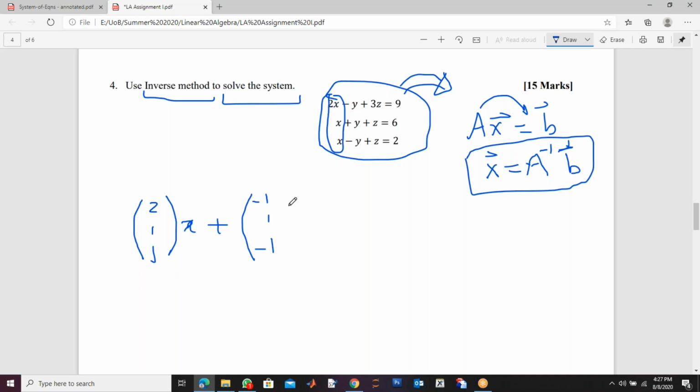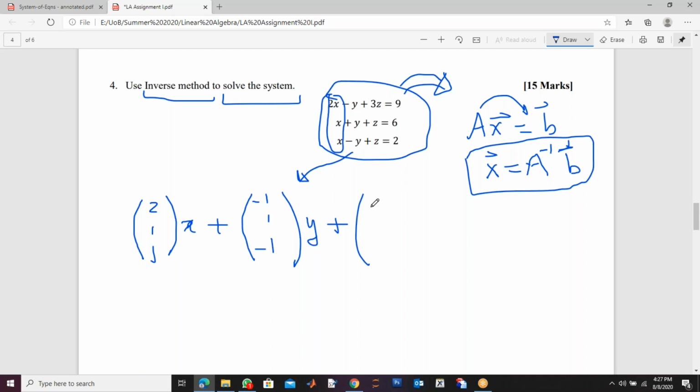Okay, now I can call it a column vector of the matrix. You can write it a1 with x plus a2 with y plus a3 with z, where a1, a2, a3 are the columns of your coefficient matrix.